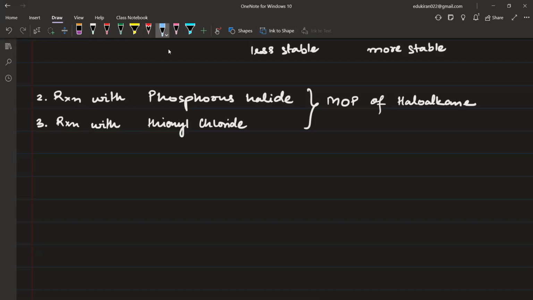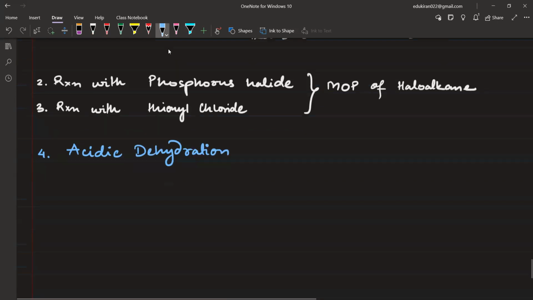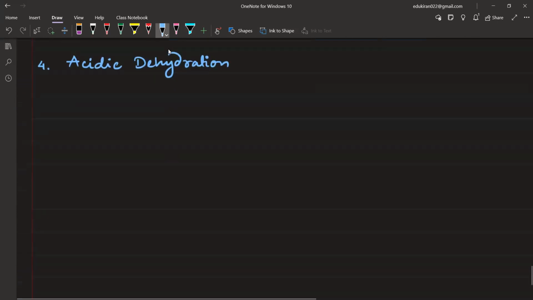Write the fourth reaction, acidic dehydration. Now what happens here? You should have a carbon atom with OH, the alcohol, and there should be a beta carbon with at least one hydrogen.